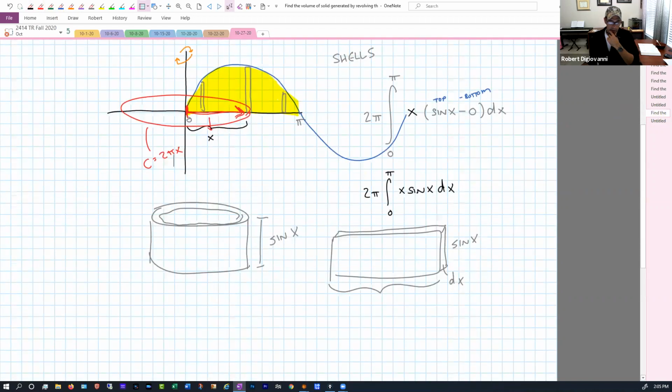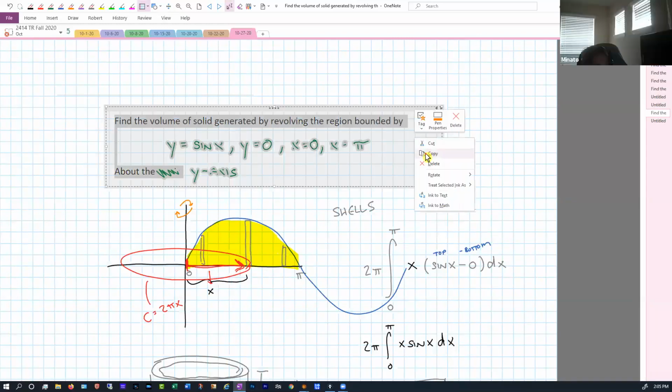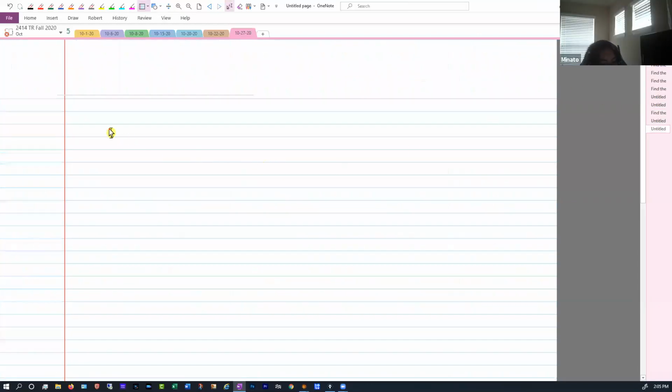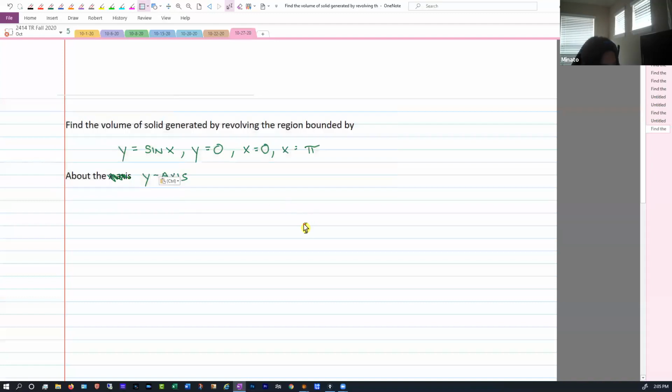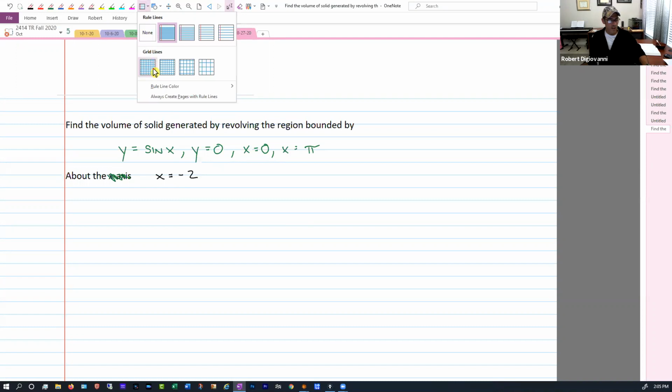All right. We're starting this over. We're doing another problem. Let's do the exact same problem. I don't want to go around the y-axis though. This time I want to go around x equals -2. Same region, different axis of rotation.